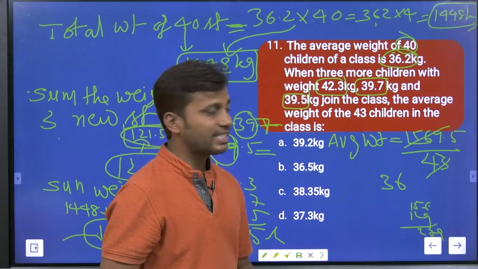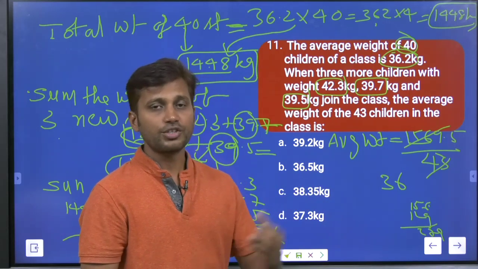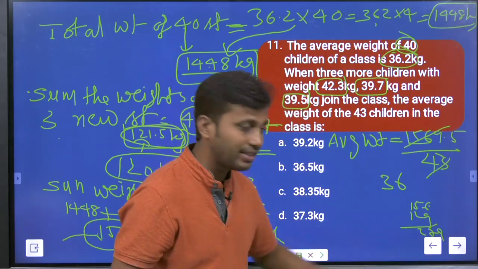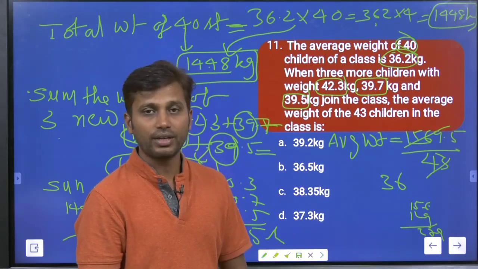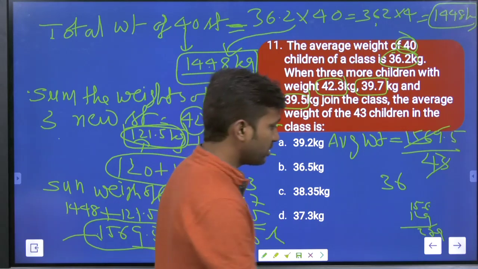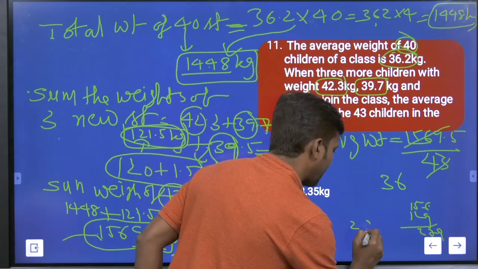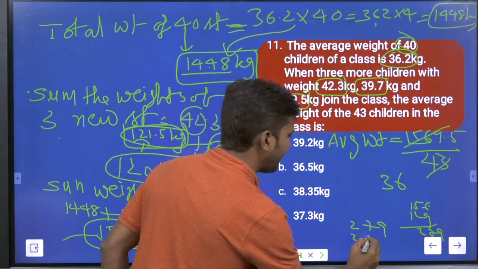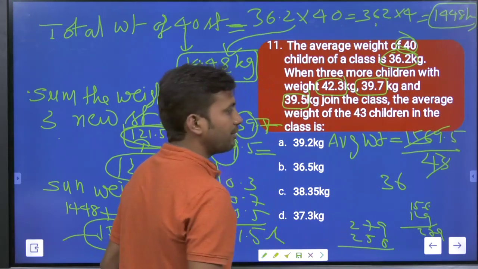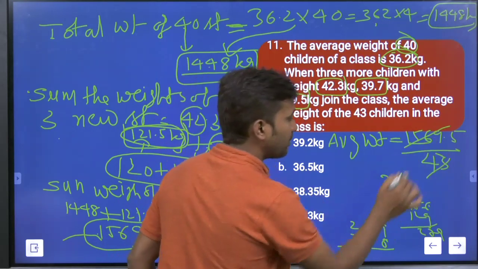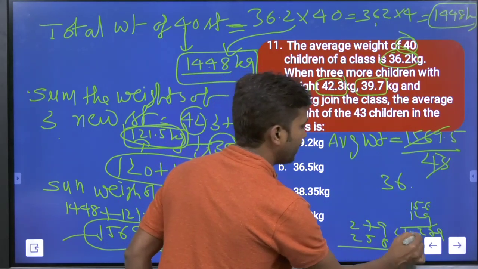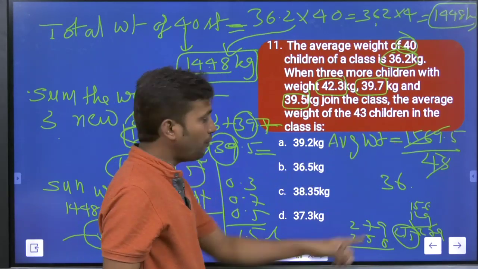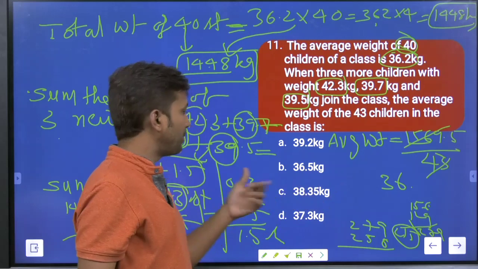So 43 times 6 is how much, guys? 4 6s are 240, 3 6s are 18, means 258. 258 and 279, what would be the difference? 21 again or not? Tell me, is this 21 or not? 21 means again the decimal was there, so 215, because 5 is there as the next digit, 215. So 215 should be divided by 43.